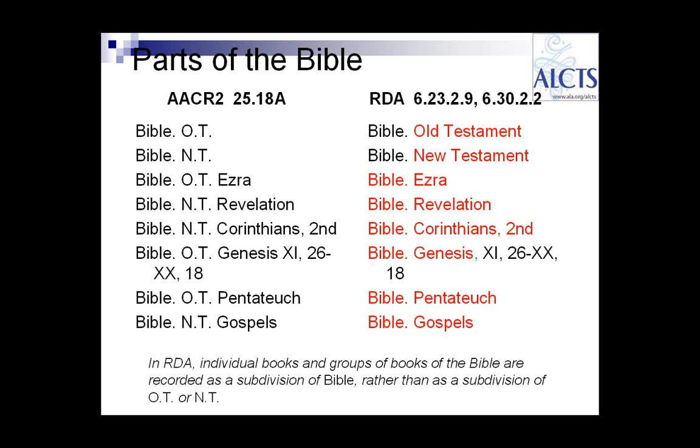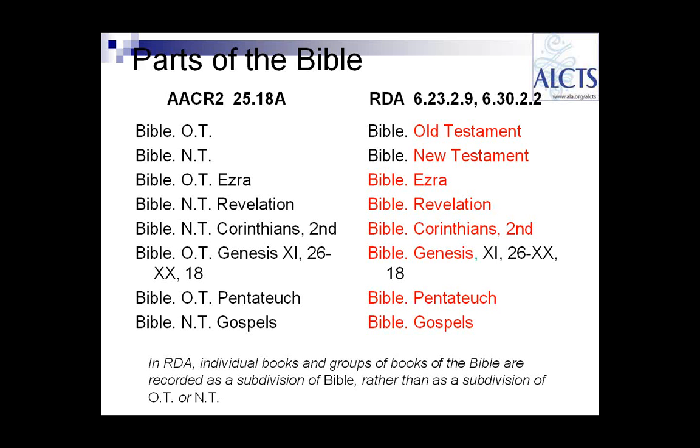If you deal with parts of the Bible, basically the abbreviations are going away, such as if you are using the heading Bible OT, you will spell it out now for Bible New Testament, and the same with Old Testament.